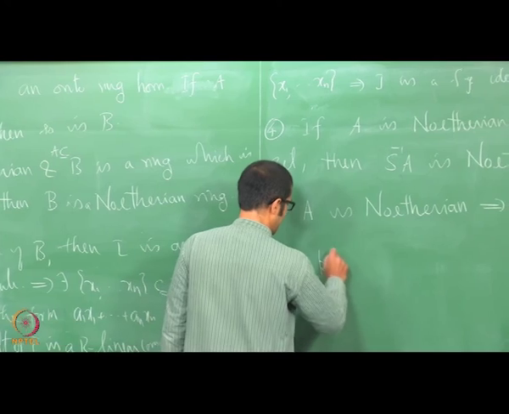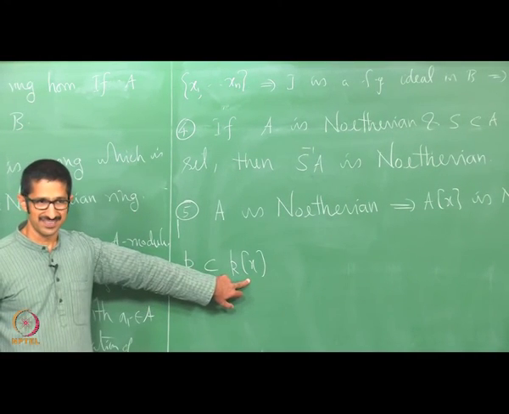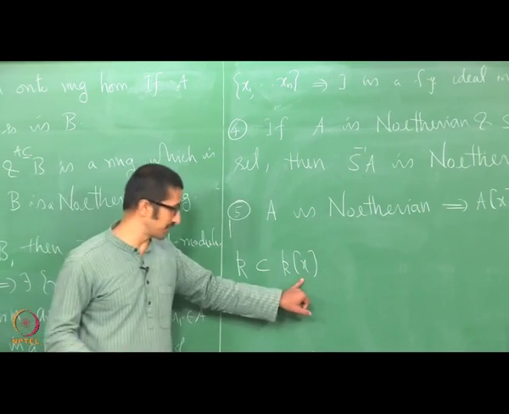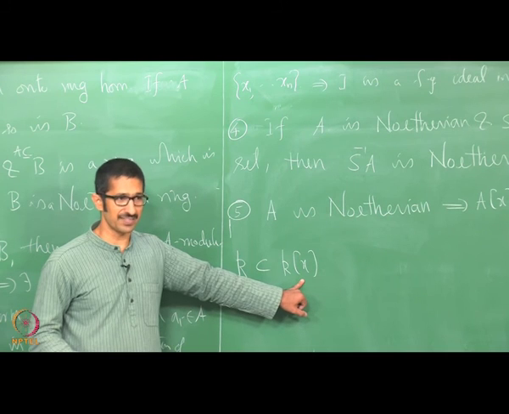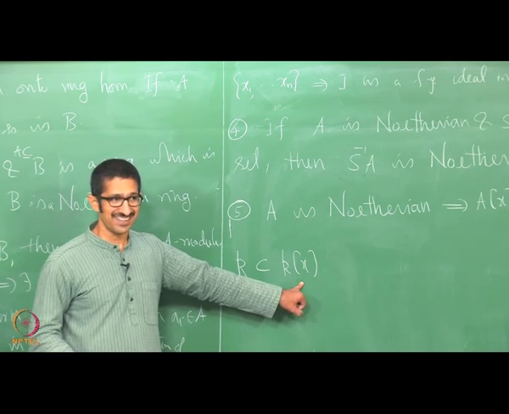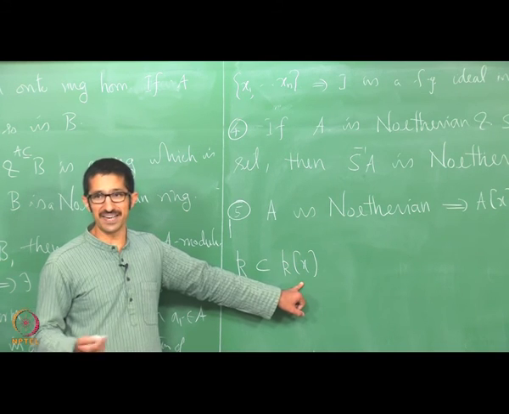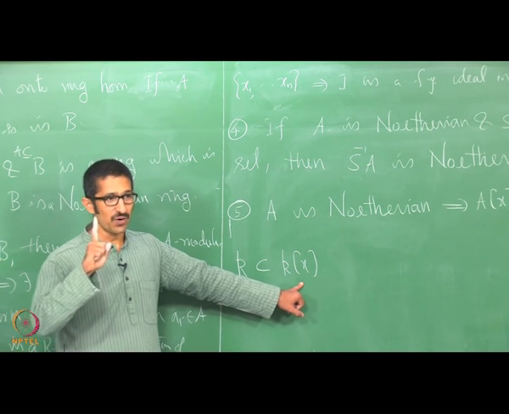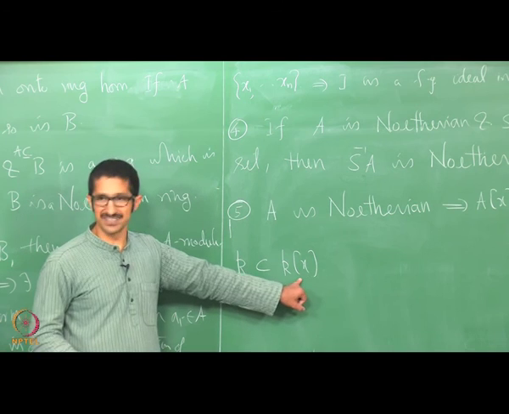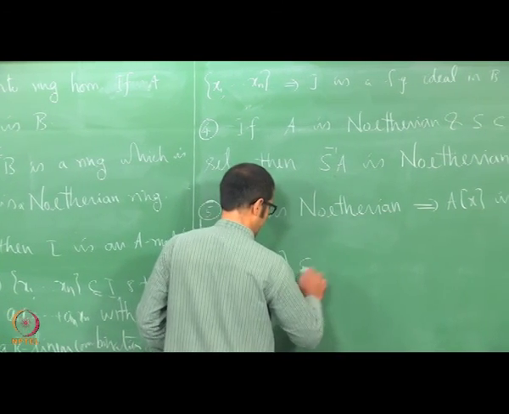What about K[x], is it Noetherian? Noetherian means ascending chain condition, or every ideal should be finitely generated. Is that true? K[x] is a PID, a principal ideal domain. Every ideal is generated by one element. So, therefore, this is Noetherian. Every PID is Noetherian.